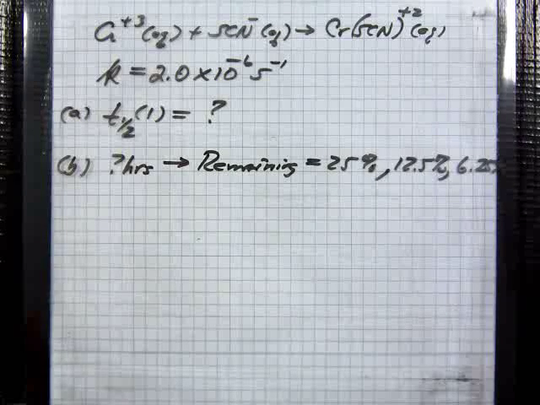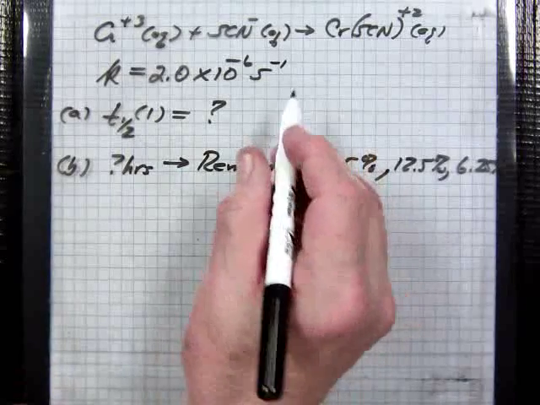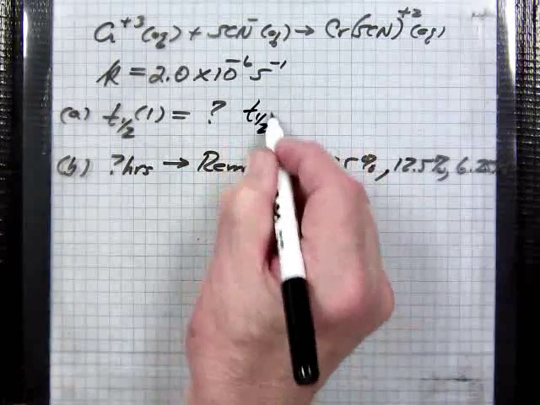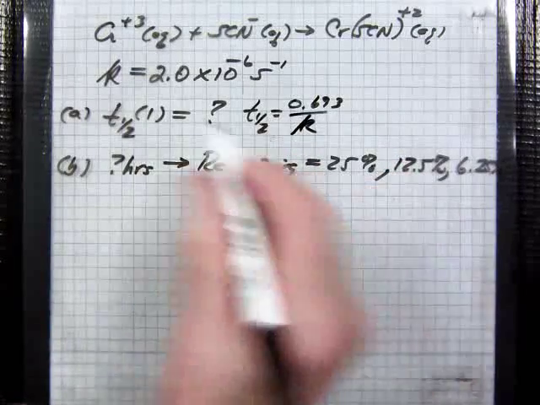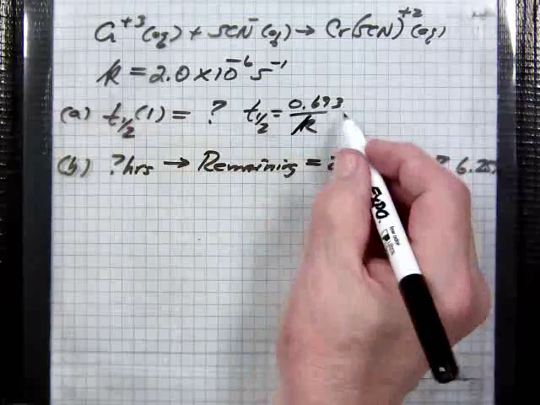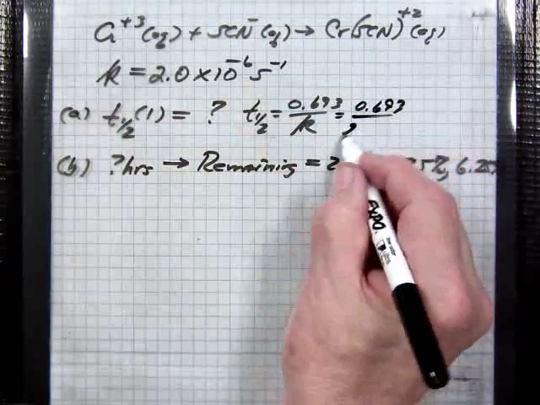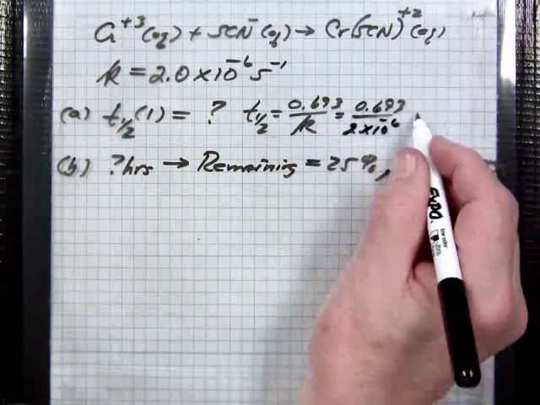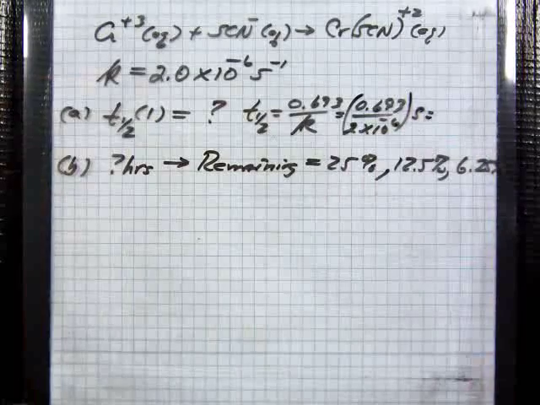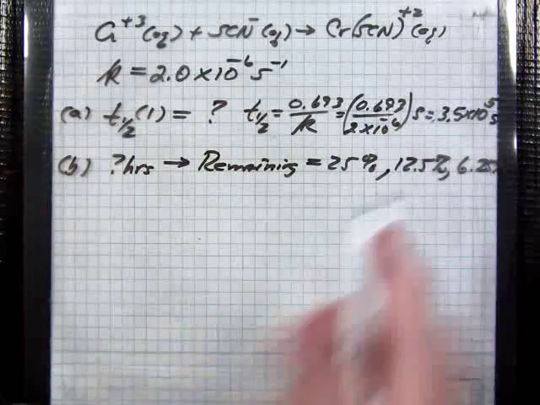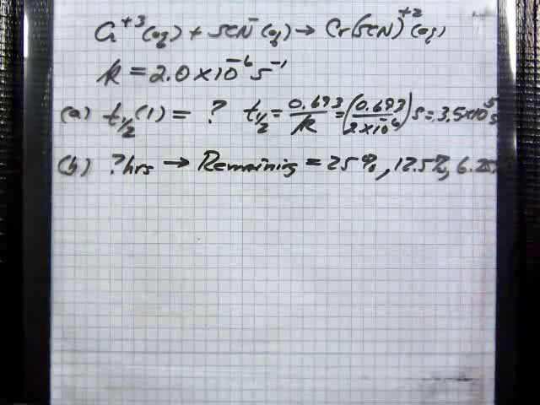Now, we can calculate the first half-life very simply in terms of the half-life equation: 0.693 over the K value, because kt was 0.693. So 0.693 over 2 times 10 to the minus 6, and that's going to come out in seconds. So that's 3.5 times 10 to the 5th seconds is the half-life.